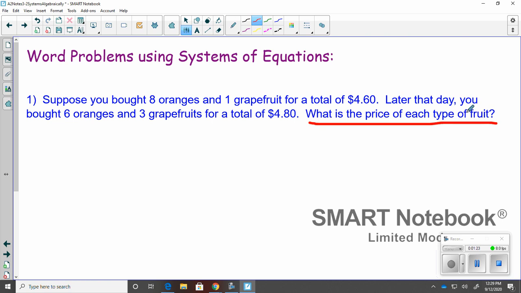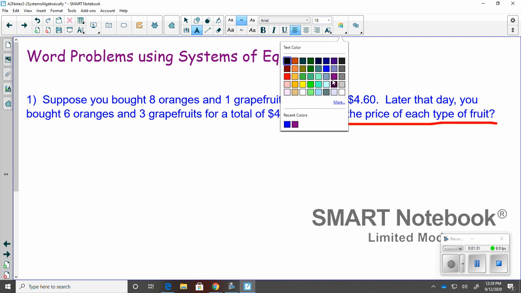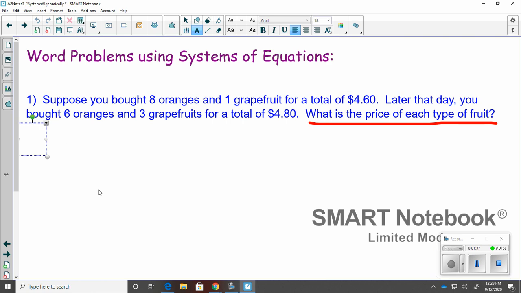Another suggestion when you're trying to solve a word problem is you have to define the variable. You have to know what the question's about in order to answer it. So we're going to start by looking for the items in this question.